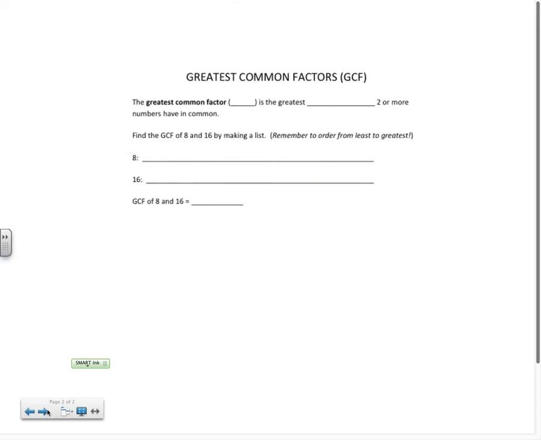Let's take a look now at what greatest common factor is. Here's the definition. The greatest common factor, abbreviated GCF, is the greatest factor 2 or more numbers have in common. So we find the GCF of 2 different numbers. In this case, the numbers are 8 and 16, and I'm just going to recommend this way, making a list.